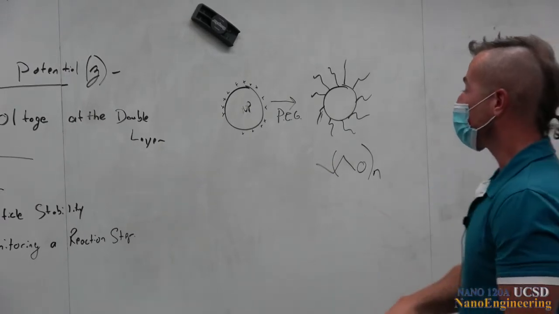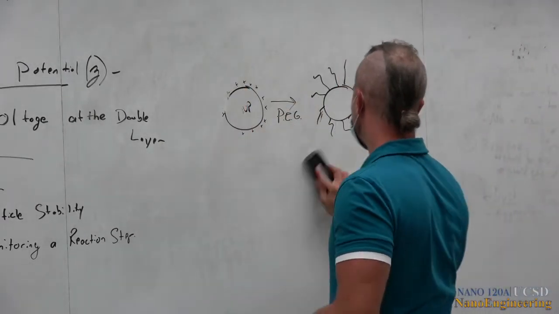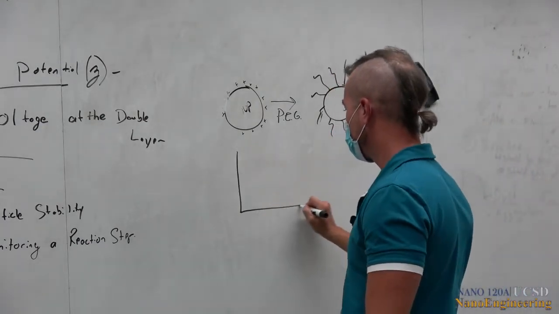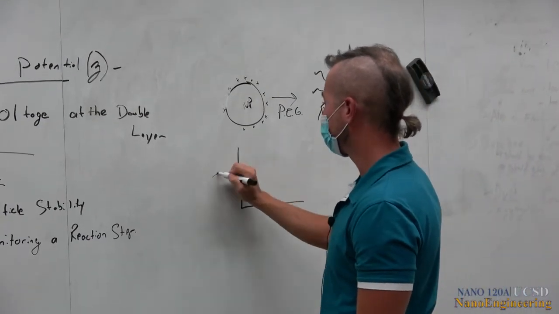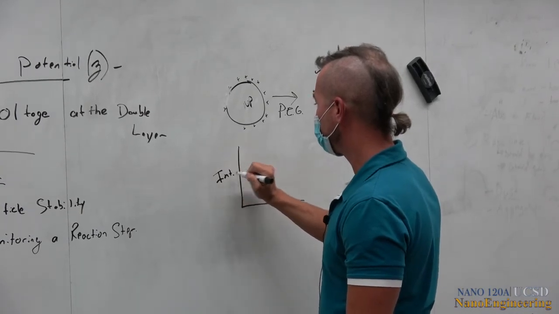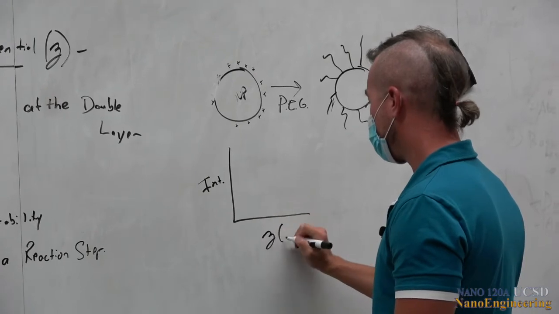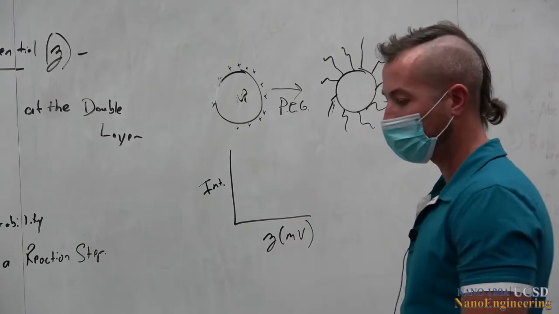It's kind of tough, but it's really easy with zeta potential, because what you can do is look at intensity and charge in millivolts.